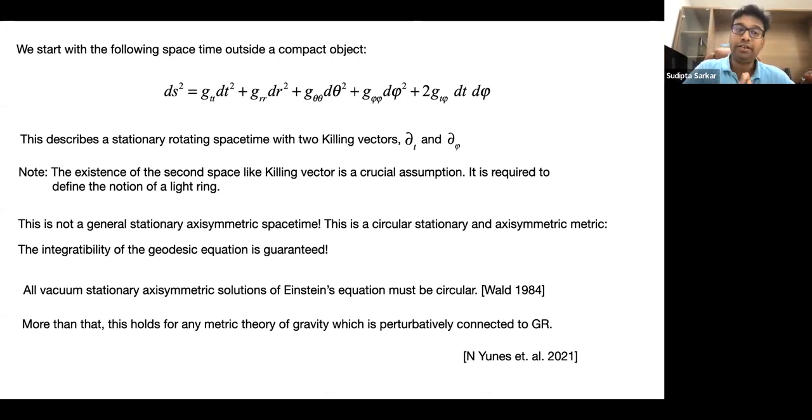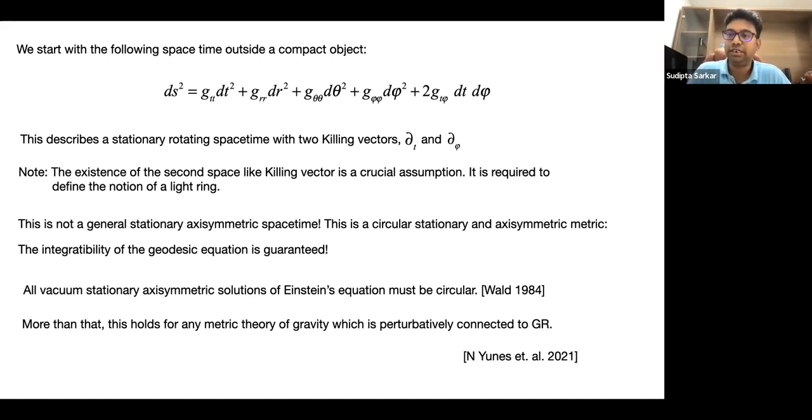But it turns out there are strong theorems in general relativity. If I'm looking at vacuum stationary axisymmetric solutions of Einstein's equation, that means R_ab equal to 0, then it is guaranteed that I will always be able to bring the solution into this form. This is what is called the circularity theorem. In fact, recently there is a paper by Yunes and collaborators.